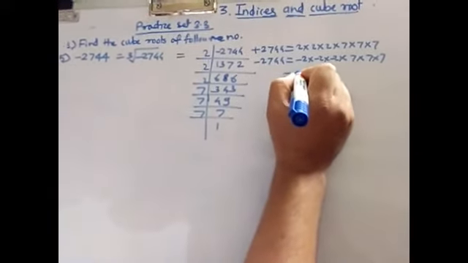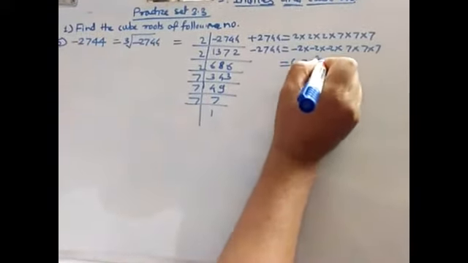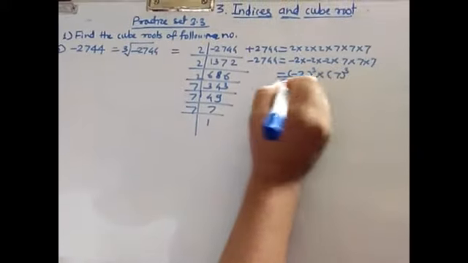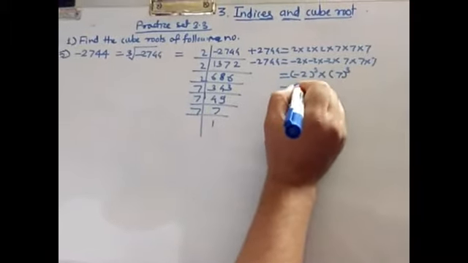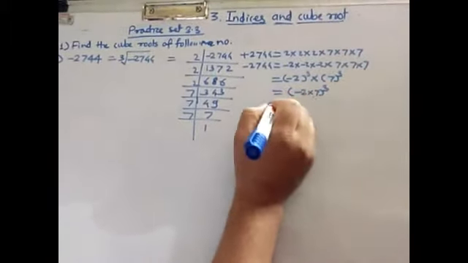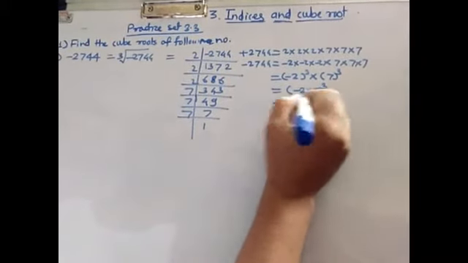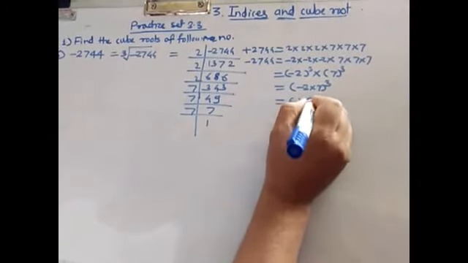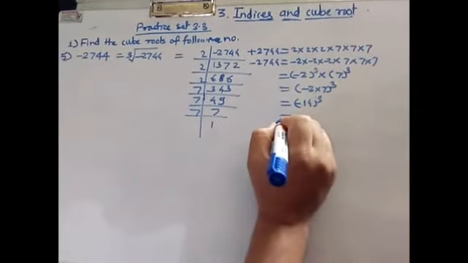This is minus 2 raised to 3 into 7 raised to 3, so we write minus 2 into 7 raised to 3. 7 2s are 14, so minus 14 raised to 3, and the cube root will get cancelled.